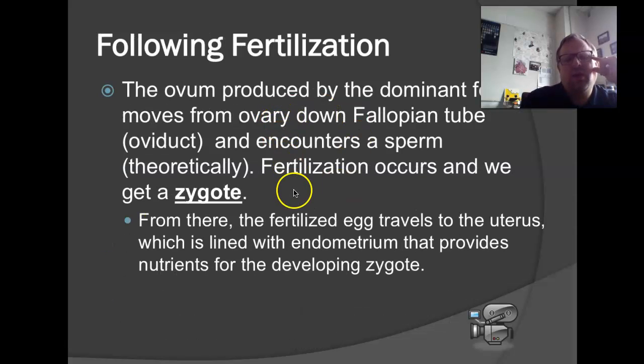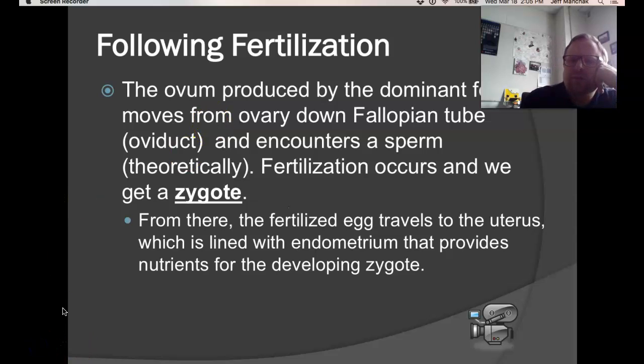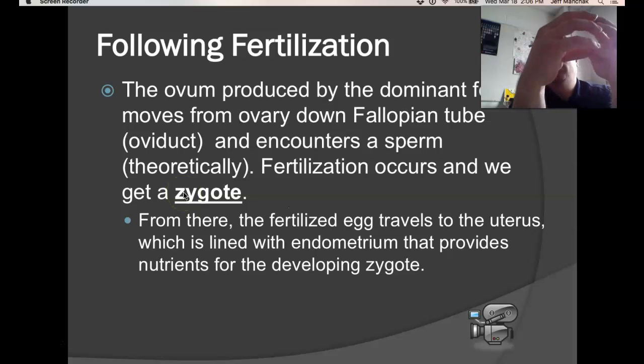Just a quick note here. So following fertilization, then the ovum produced by the dominant follicle, we already said, moves down the fallopian tube and theoretically encounters a sperm. If it does, then we get the process of fertilization, and what we create is a zygote. Okay, the zygote is the term we use when sperm and egg fuse or come together.